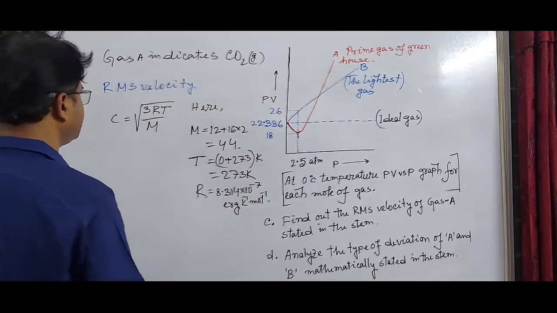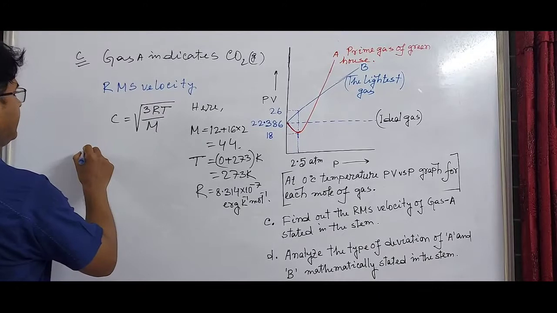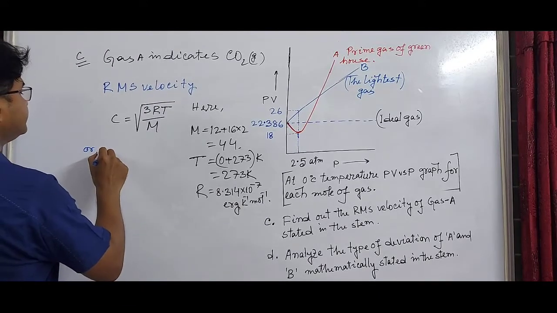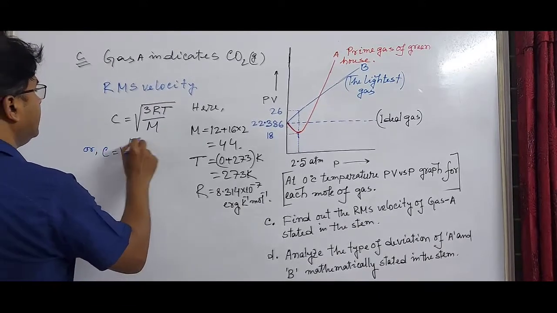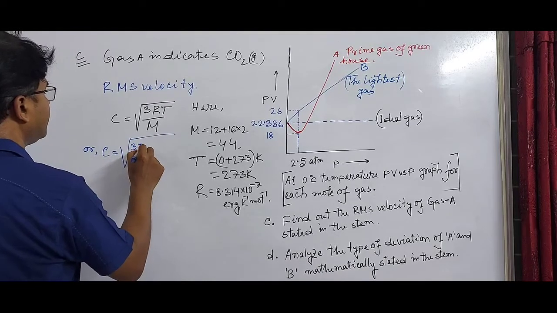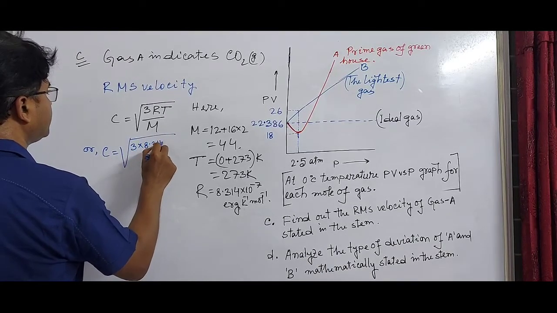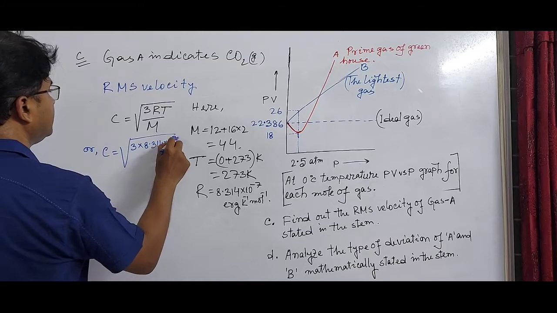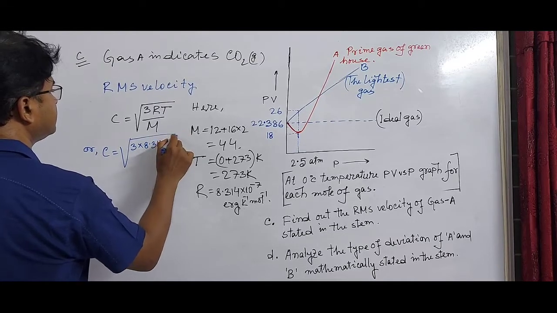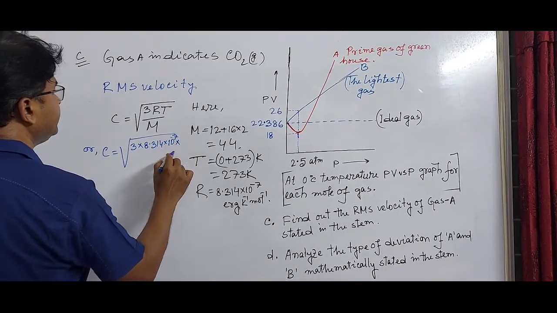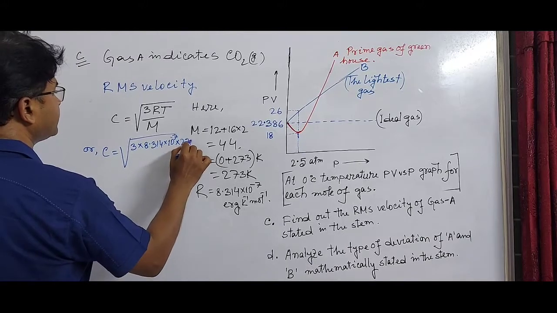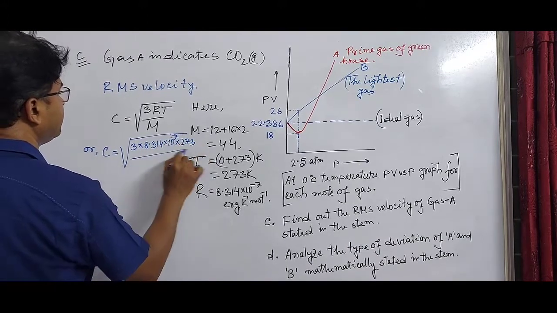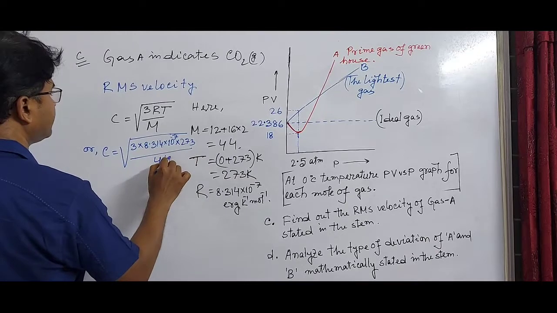Then I have to put the values of R, 8.314 into 10 to the power 7, and T, 273, divided by the molecular mass 44.